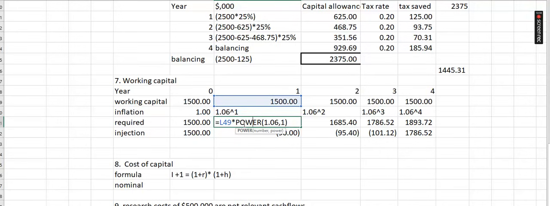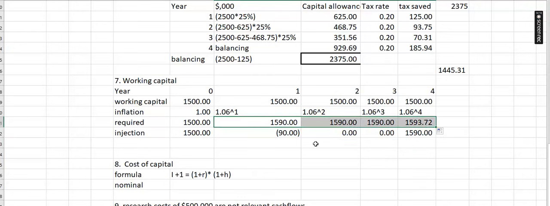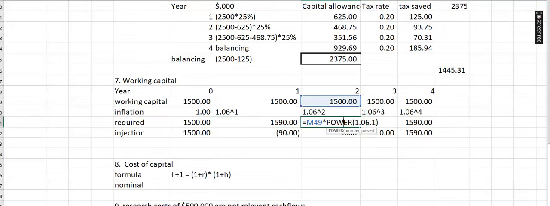Remember that function I told you earlier to say you write 1.5 times power, open brackets, 1.06, then you write 1. Okay. Then later on, you can drag the formula and just replace. So what you do, where there's 1, you put a 2.